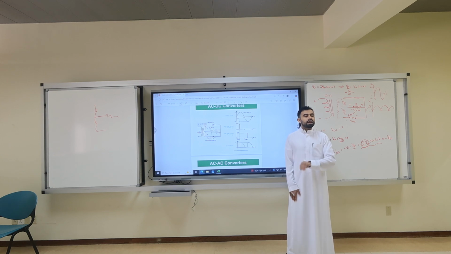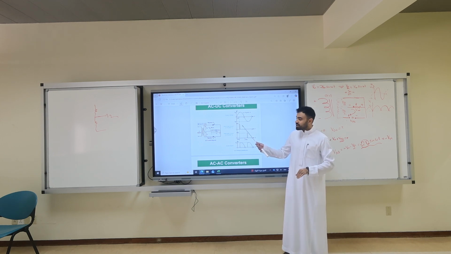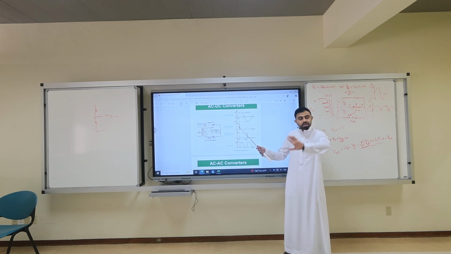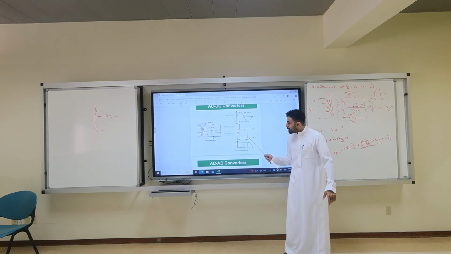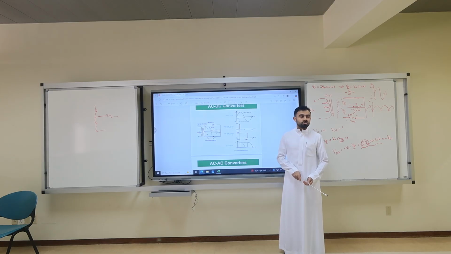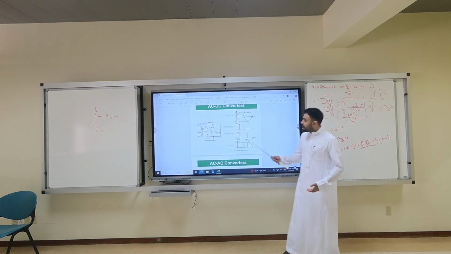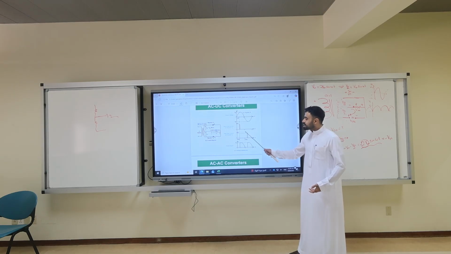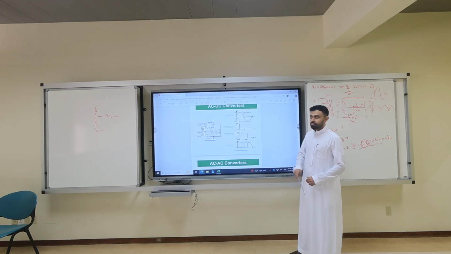It will not turn on unless you fire it with a pulse, but once it's on, it will remain on until it turns off by itself. Then it needs another pulse to trigger it, which happens 180 degrees apart, to conduct the negative cycle, rectified. The output is the same as a regular diode, but it's chopped.